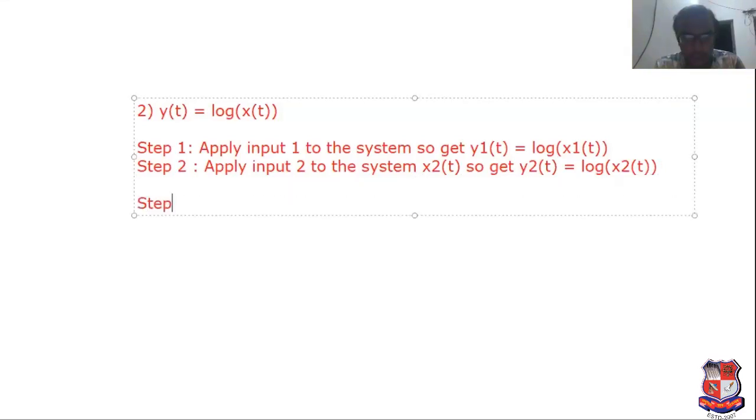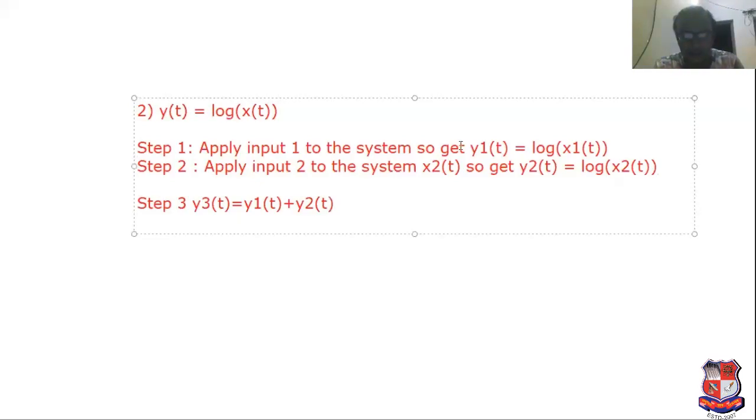Now step 3, y3 of t equal to y1 of t plus y2. Actually, y1 can be written in the suffix way. I will explain the word, but here in the whiteboard that option is not available. That's why I have written y2 like that.